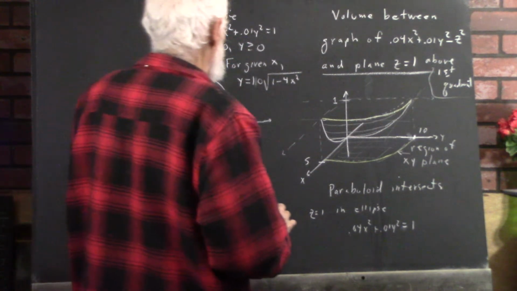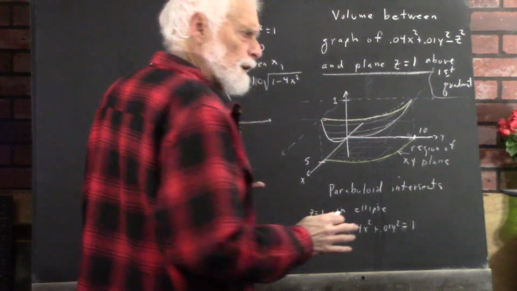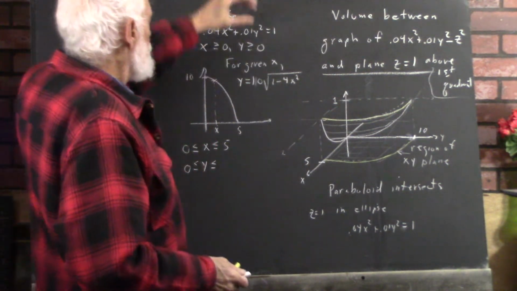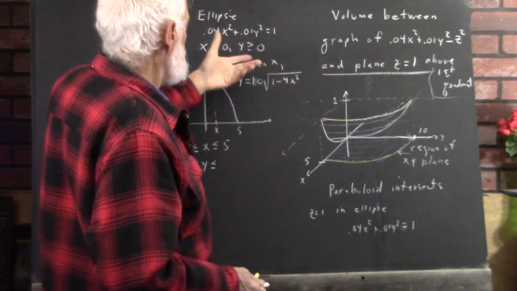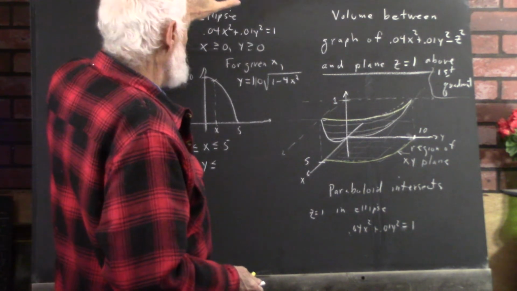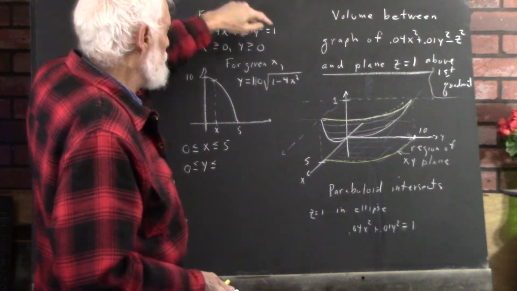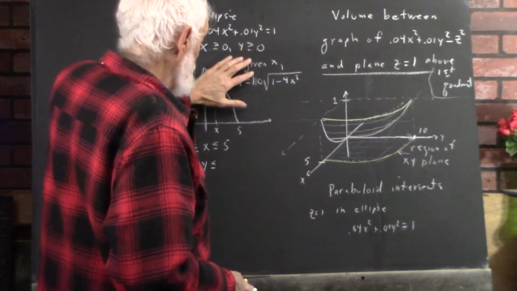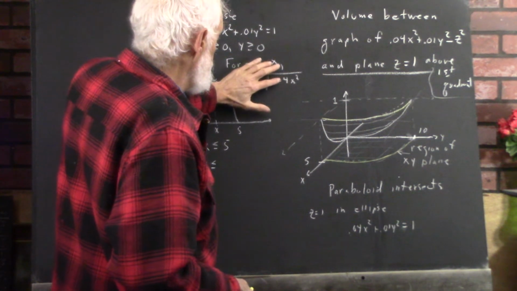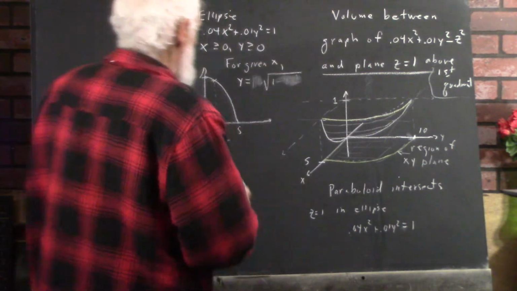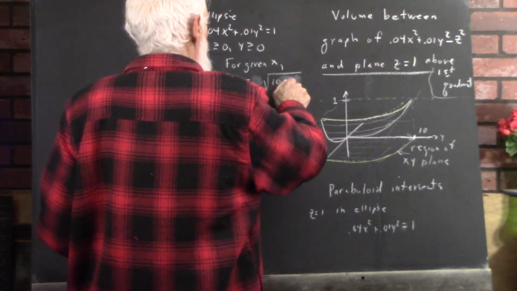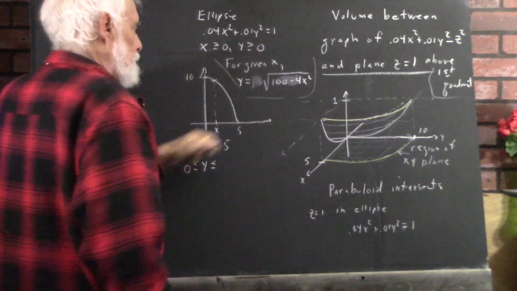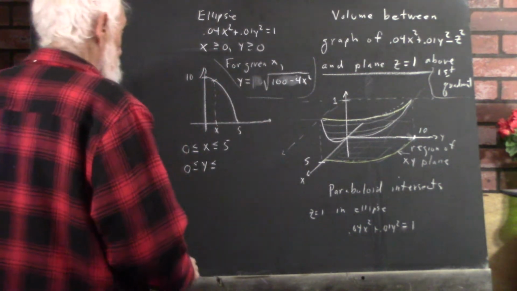Maybe I ought to write the thing out because I was not gelling. I guess it's very simple. Okay, we have 1 minus 0.04x squared. We divide by 0.01, we get 100 minus 4x squared. And I guess I don't want to factor out that 10. Trying to do two things at once. Okay, you can check my algebra on that, but it's pretty straightforward.